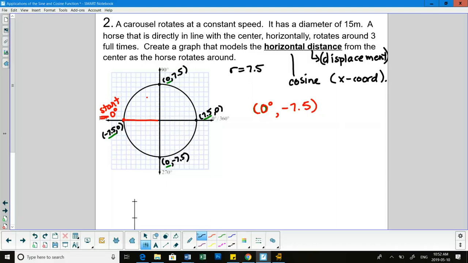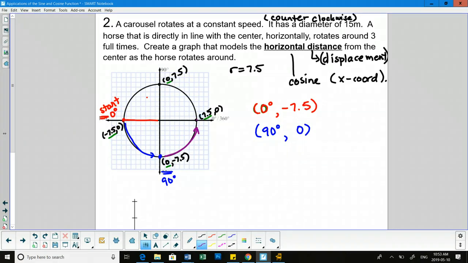I also technically need to know the direction of the rotation. So I'm just going to tell you that this is going to go counterclockwise, okay? So next position, we are rotating down here. We are now 90 degrees from where we started. And what is our horizontal displacement from the center here? 0. That's right.